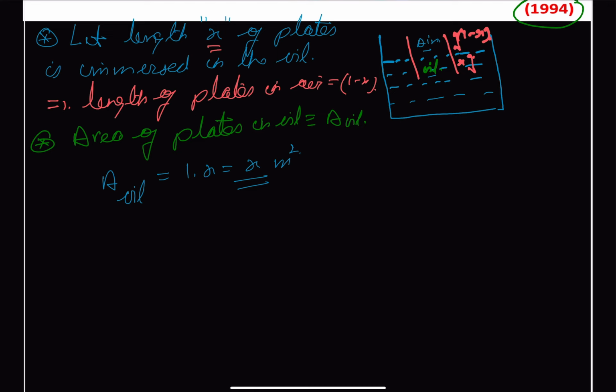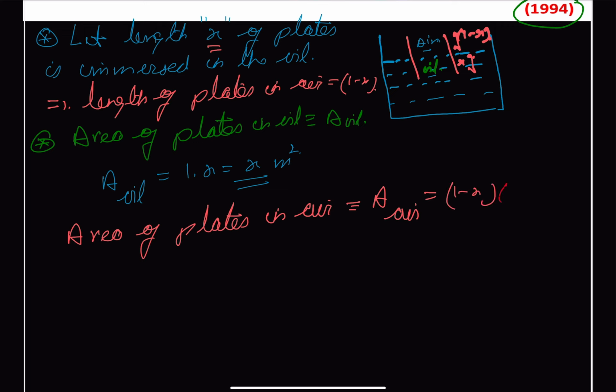Similarly, we can find out the area of plates in the air. Area of plates in air, let us call that A air, will be equal to 1 minus x multiplied by 1, which gives us 1 minus x meter square.